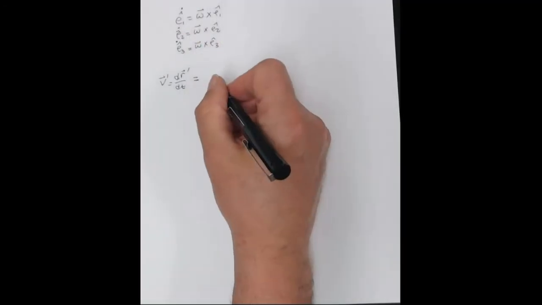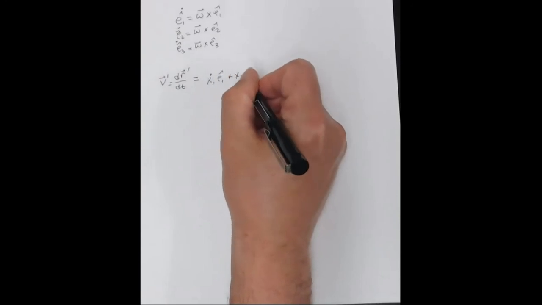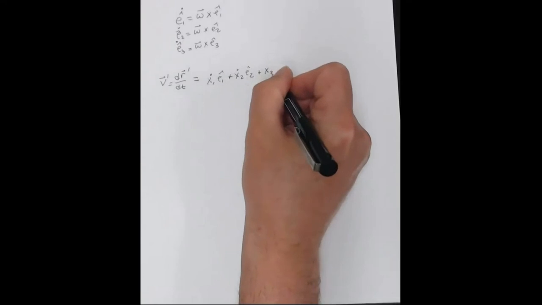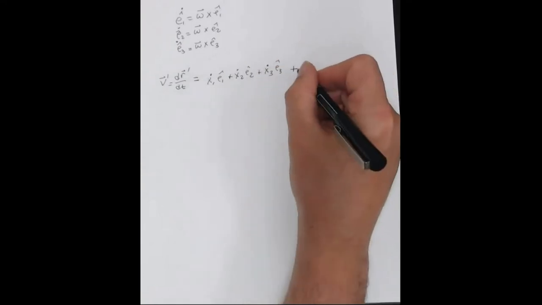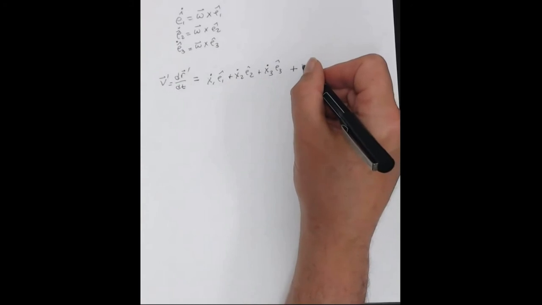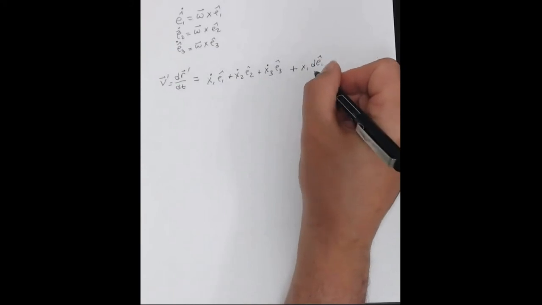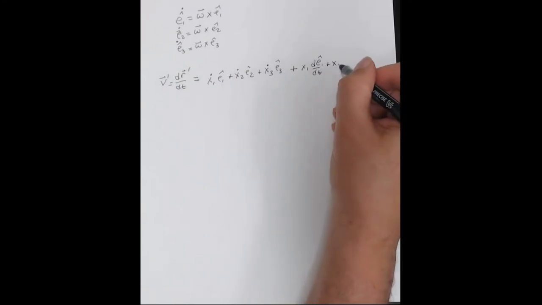So then I end up with x1 dot E1 plus x2 dot E2 plus x3 dot E3, and now the other one's plus x1 dE1. So I'm just writing these without the dots up there. I'm writing the derivative.